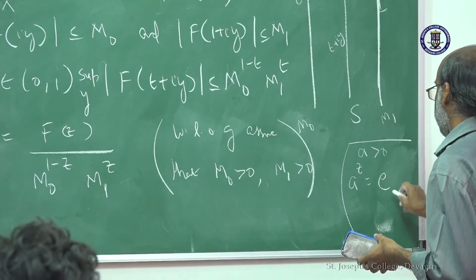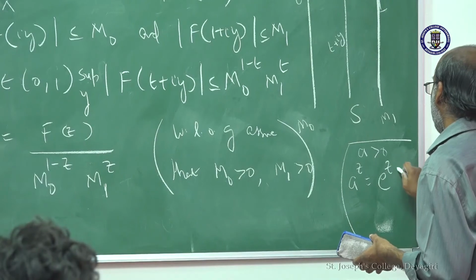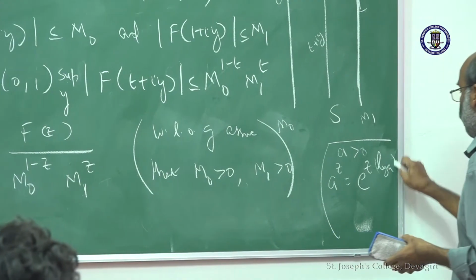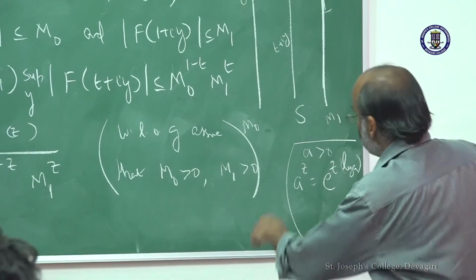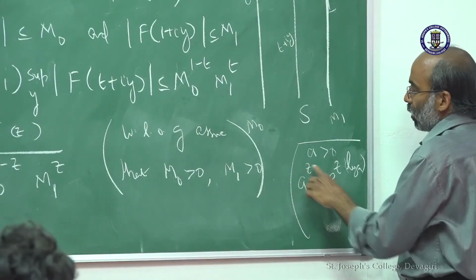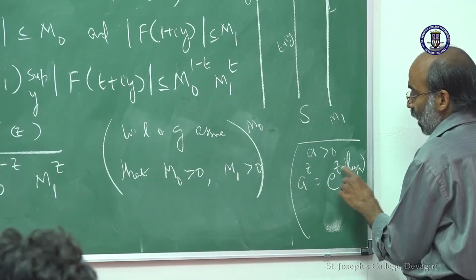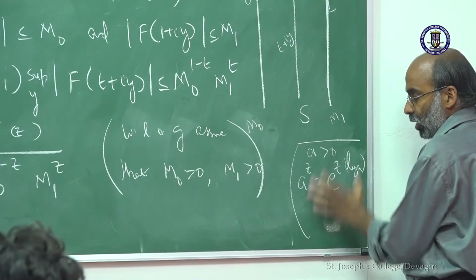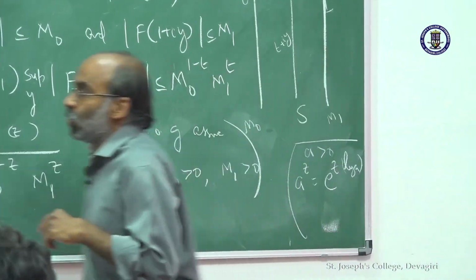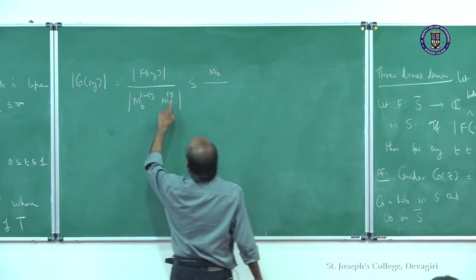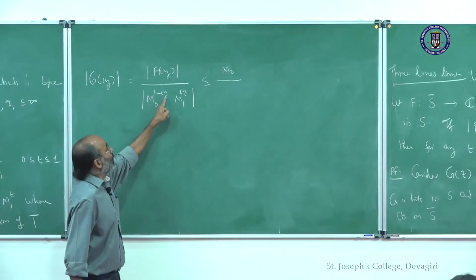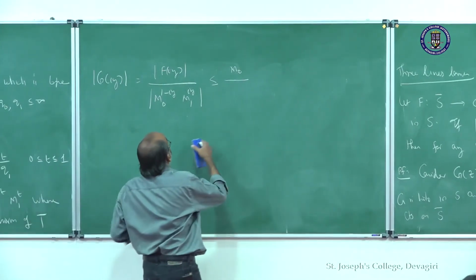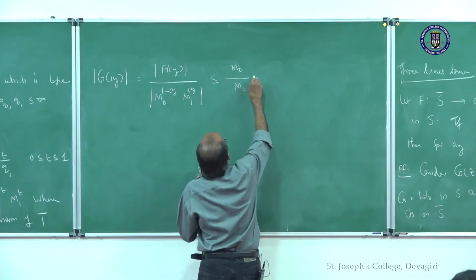Log a is a constant. So if z is purely imaginary, then e to the z times log a is e to the something purely imaginary, so modulus is 1. So modulus of m1 to the iy and modulus of m0 to the minus iy will be 1. So the denominator is just m0.